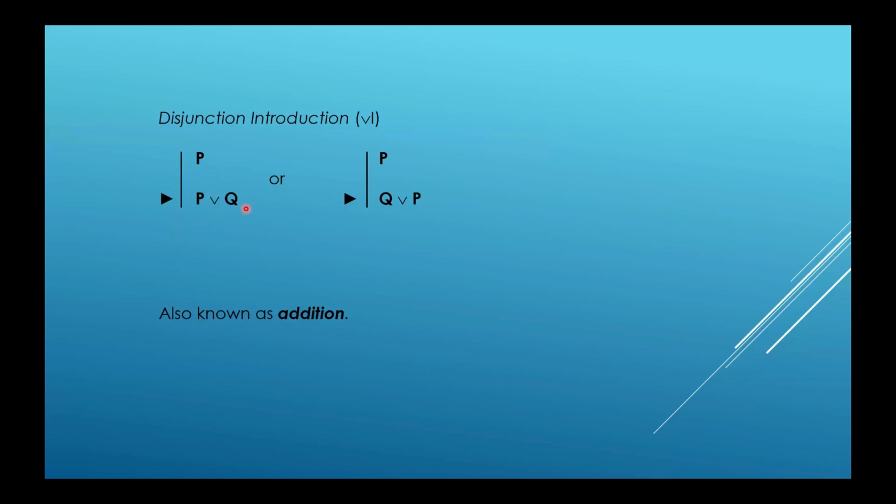So you can infer P or Q, where Q is any other sentence, or you can infer Q or P. You can put the new disjunct on either side of the disjunction. This is a bookkeeping rule, not made explicit in ordinary reasoning. It allows you to weaken sentences when you need to do that in order to apply another rule. This is the primary function that it has.